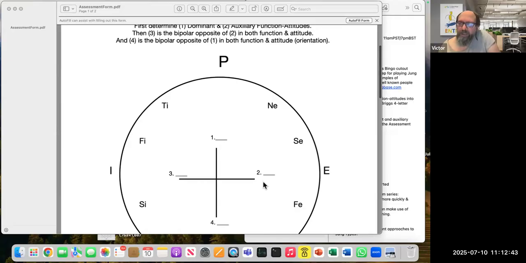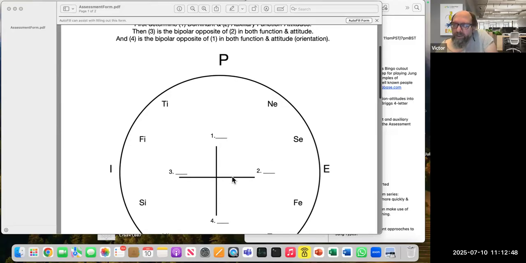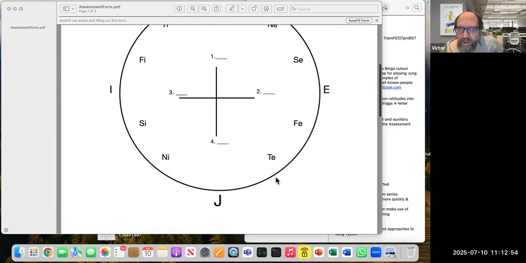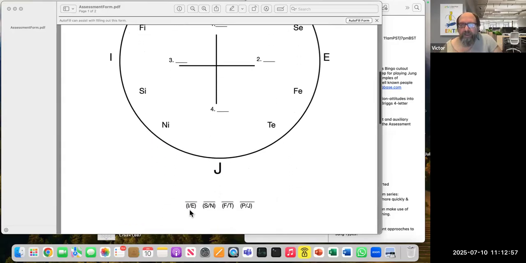And the second position, where it says 2, is the auxiliary function attitude. And these two positions are represented, I'm going to show you, at the bottom.